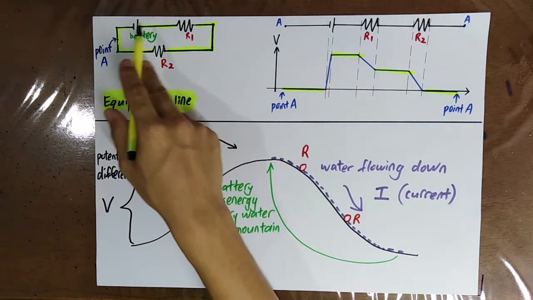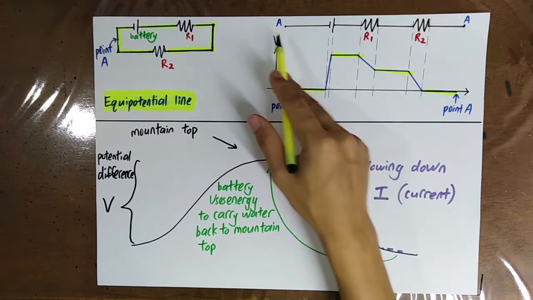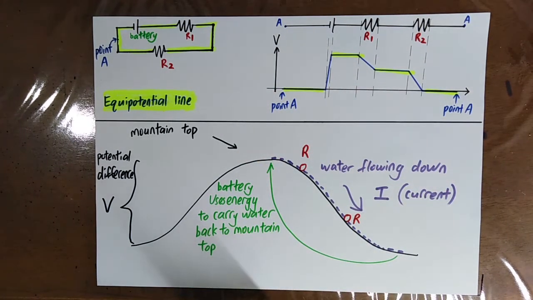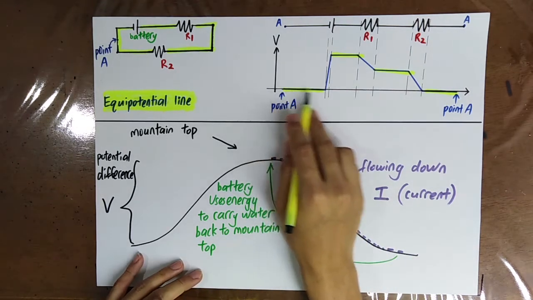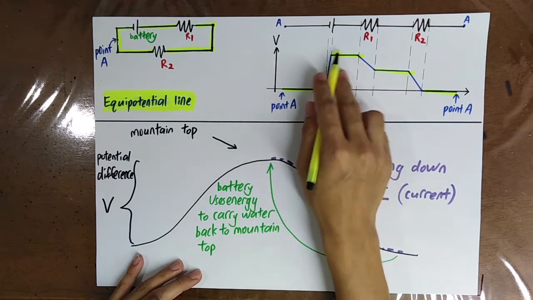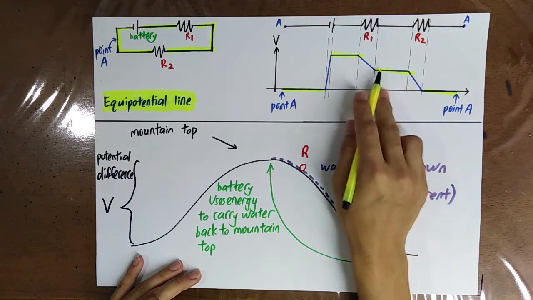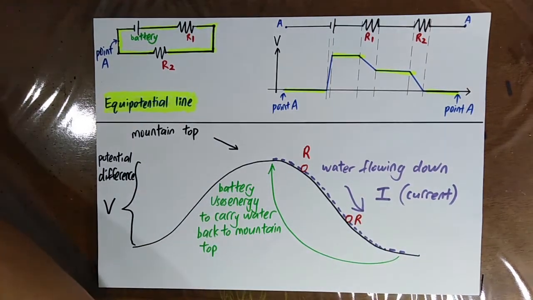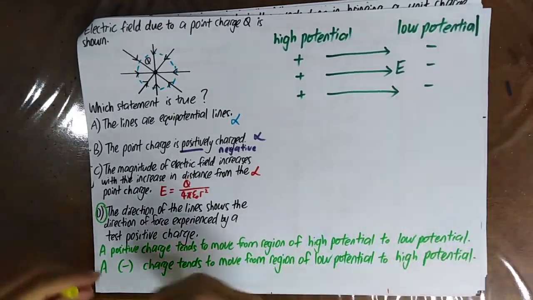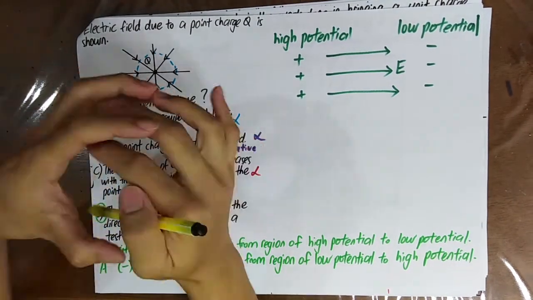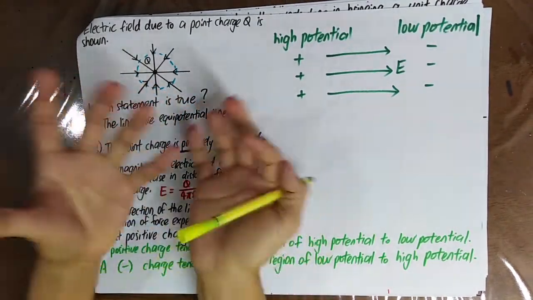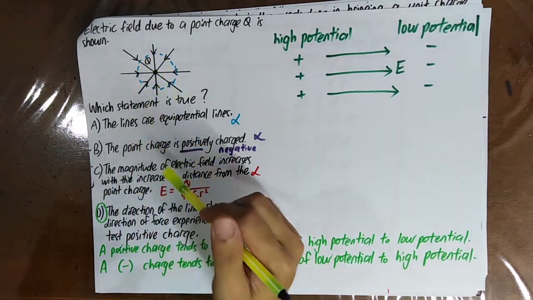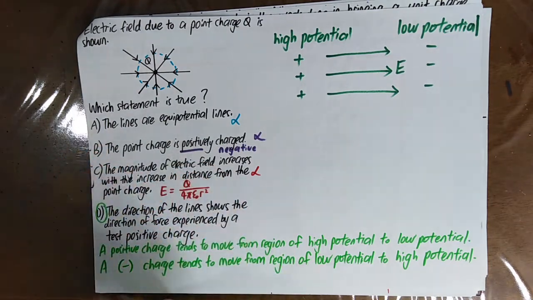For example, if I cut this circuit and plot a potential-distance graph of this, you will notice that this is an equipotential line, this is an equipotential line, this is an equipotential line, and this is also an equipotential line. But in this question, because it's a surface, we call them equipotential surfaces. For example, this blue one shows the equipotential surface.